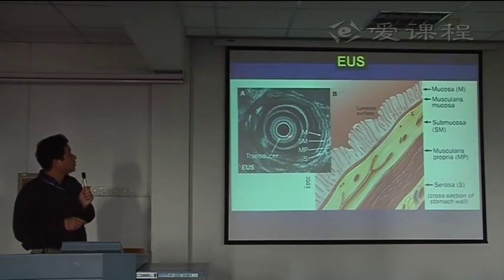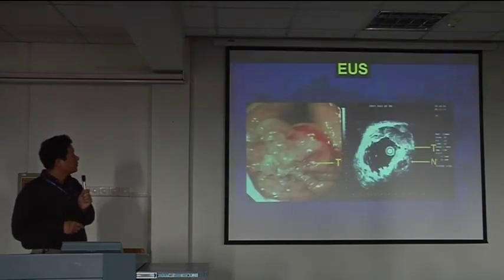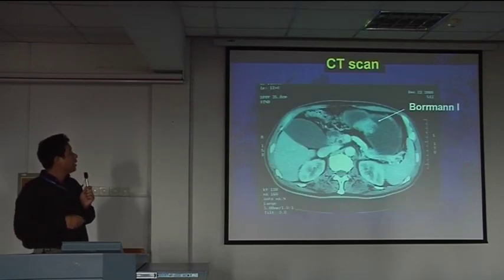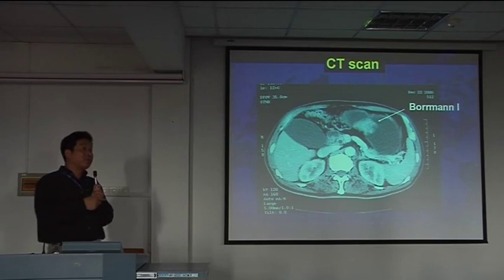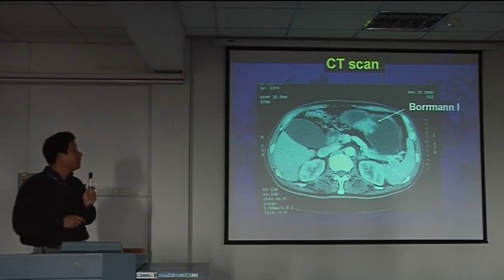This is endoscopic ultrasonography, which can find the depth of the invasion. This is the tumor. This is a lymph node, enlargement of the lymph node. We have all of this equipment in our hospitals.